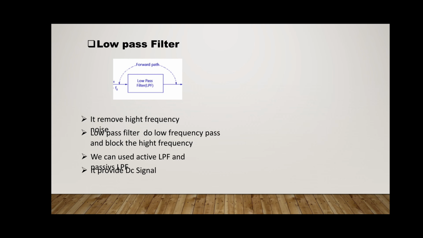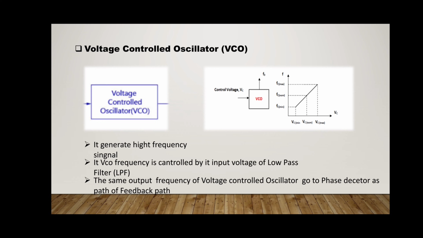Then the signal passes through the LPF, low pass filter. The low pass filter removes high frequency noise, which is also called error. In the low pass filter we can use an active low pass filter or a passive low pass filter. Then the output voltage signal of the LPF goes to the voltage controlled oscillator.